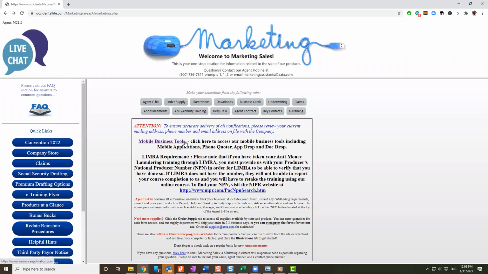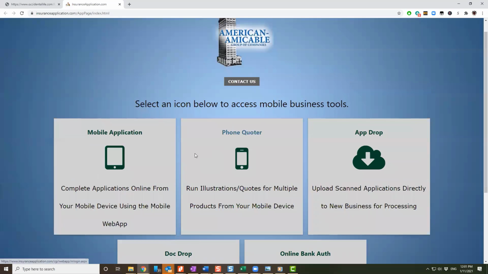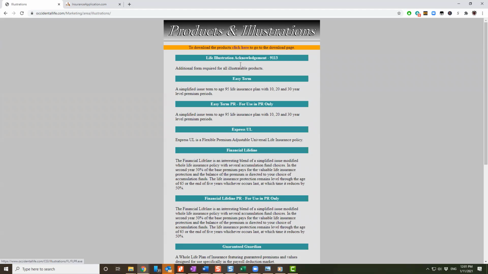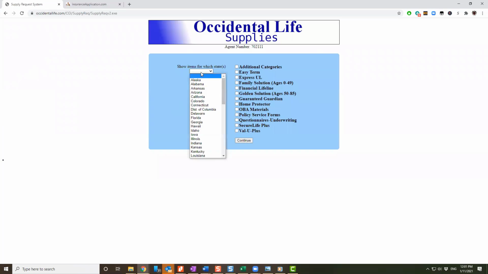You could go to mobile business tools, and somebody in our team will go through the orientation right here, where you could do phone quotes or mobile applications, or you could do the illustration right online. Okay. And then you can download or order supplies.